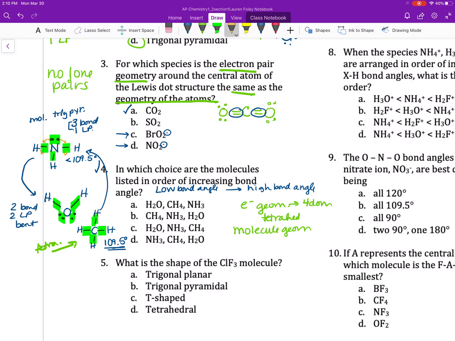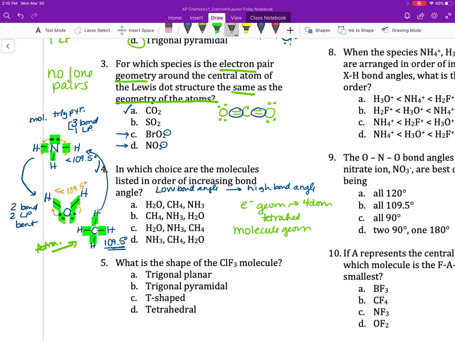And now, in terms of bond angles, these are pushing even more so, which will decrease this bond angle even further, to less than 109.5 degrees.